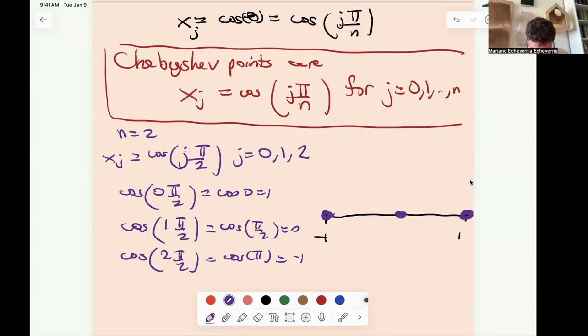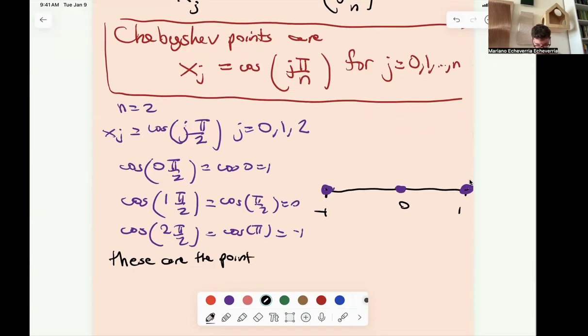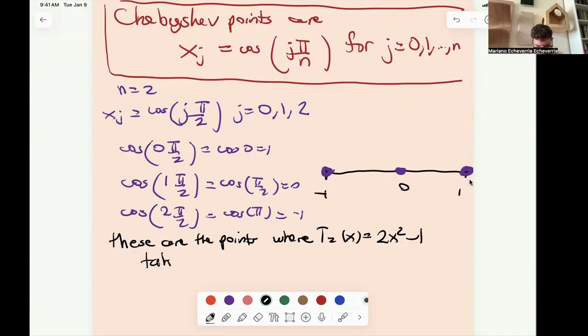Those three values are where the second degree Chebyshev polynomial takes values ±1, as you can verify very easily.